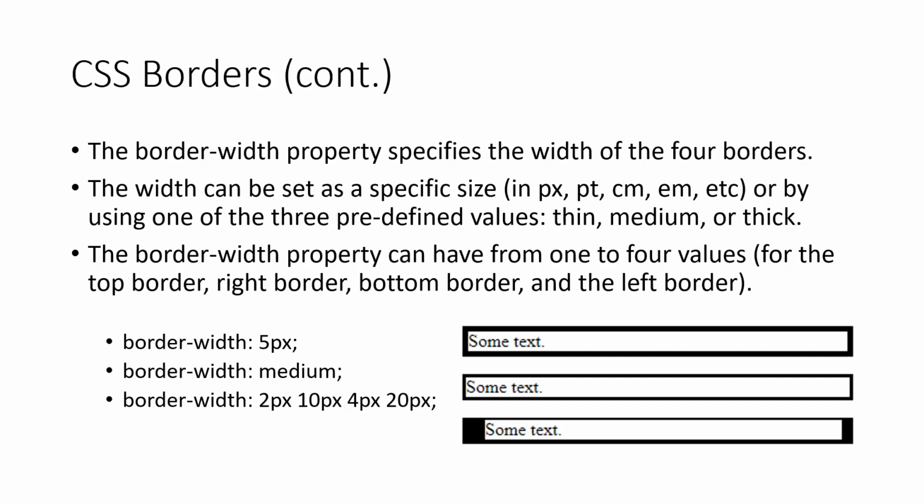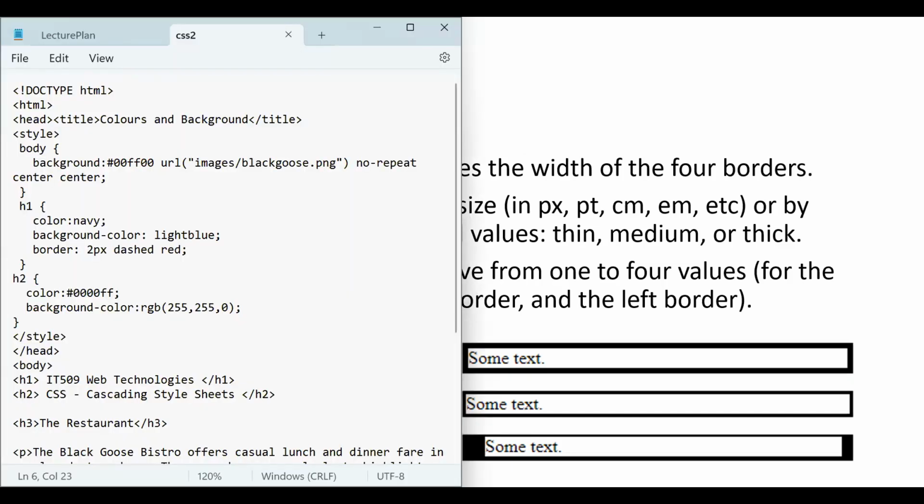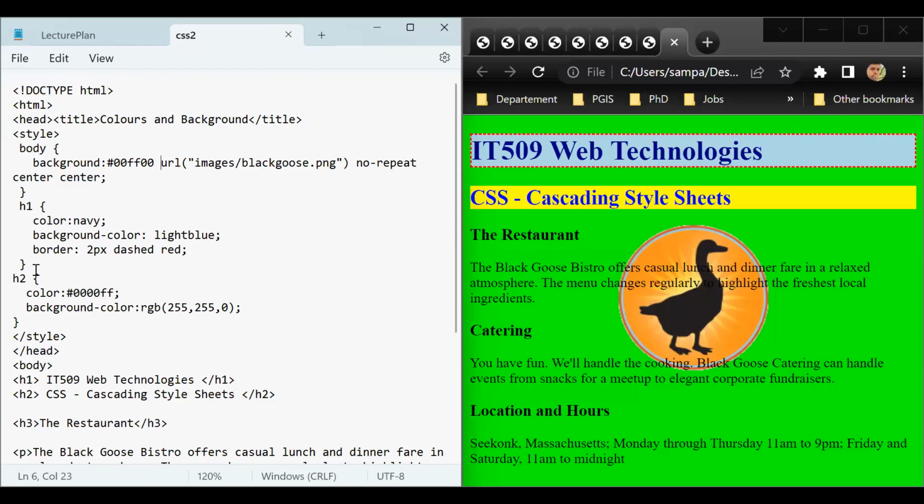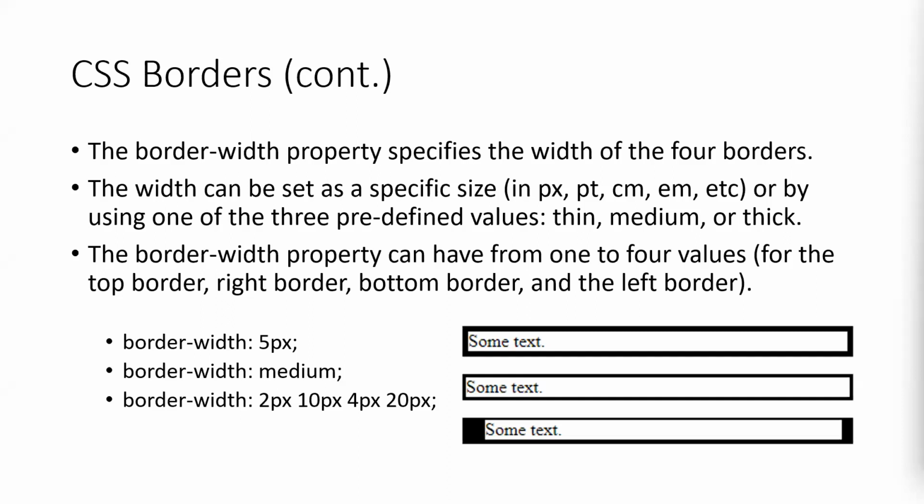So let's quickly put this in our example. So here is what I have. Right now we have some borders. So here we have border 2 pixels. That is one thing, and then the type, and then we have put whether to use the color red. And then the next one, now we can see here, right?